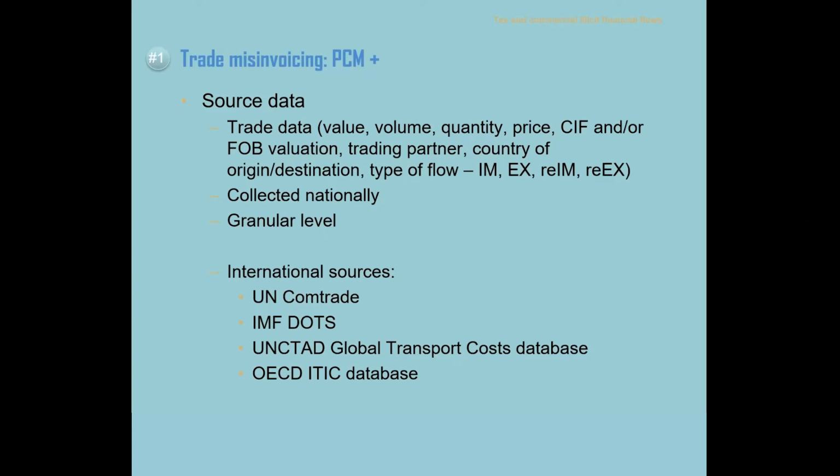So ideally, as we said, those data would be collected nationally, usually by the customs authorities, but this may differ from country to country, where they would be collected, stored, and how they could be accessed and shared. And in an ideal scenario for a statistical measurement and the application of this method, we should be looking at granular level data. So we would say at least 6 digits of the HS classification, and ideally we could also be adding some lower levels if those could be attained in our international trade.